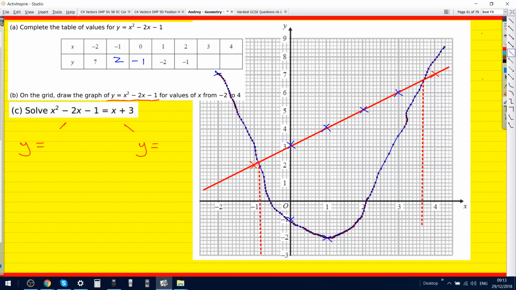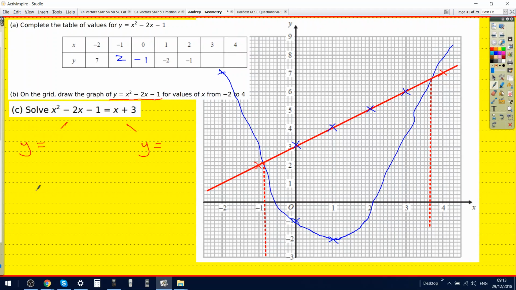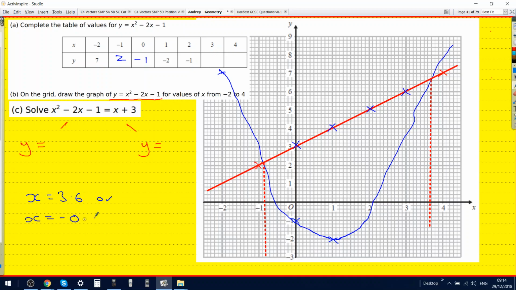Is that other one like 3.6 or something? X equals 3.6, or it looks like x equals minus 0.9, something like that. Yeah, that's it. So just draw them as best you can.